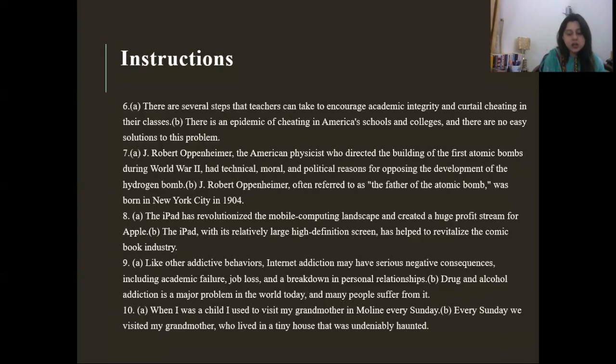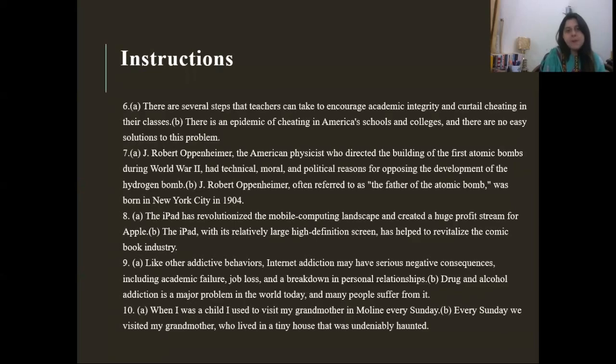Now, throughout my essay, I am going to talk about the steps that teachers can take to encourage academic integrity, how they can motivate their students to follow academic integrity and avoid cheating. What role can they play in this regard?